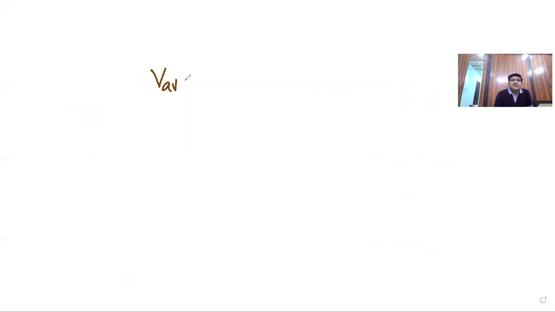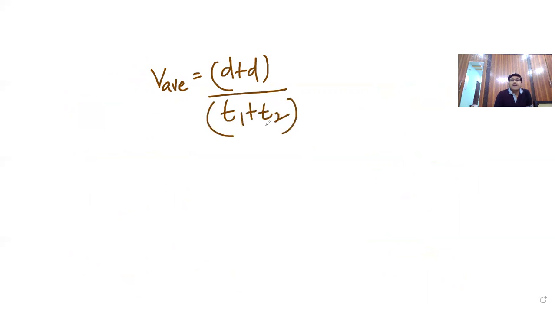Now, we are going to find the average speed. For A to B and back, total distance is D plus D, total time is T1 plus T2. Clear? So, D plus D is how much? 2D. Right? T1 time we already got as D by V1, plus T2 time D by V2.